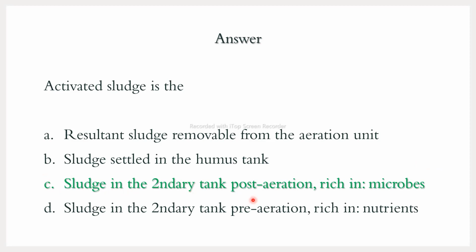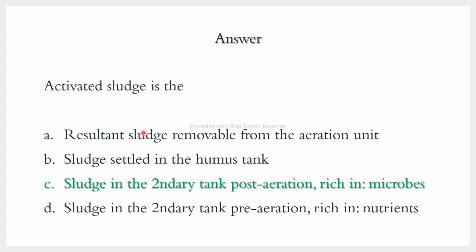In the sense, the sludge becomes activated for the requirement of the treatment of the wastewater. So that's why the post aeration sludge, which is rich in microbes, that is rich in aerobic microbes specifically, is called your activated sludge. The others are not activated. Sludge in the humus tank means the sludge has done its job. So it is now low in micronutrients or high in dead micronutrients, you may say like that. Resultant sludge removal from the aeration unit.